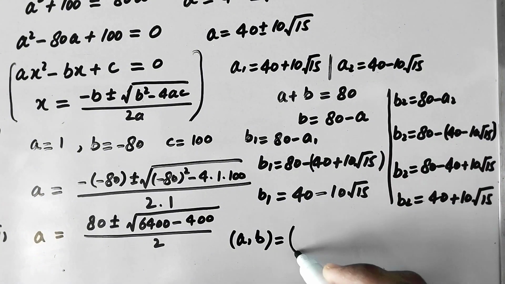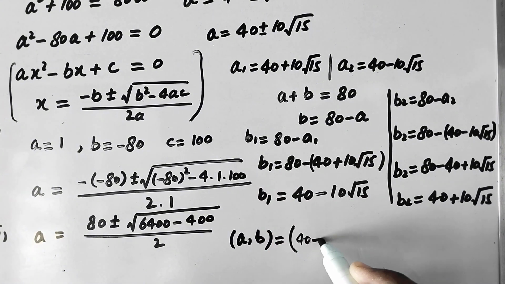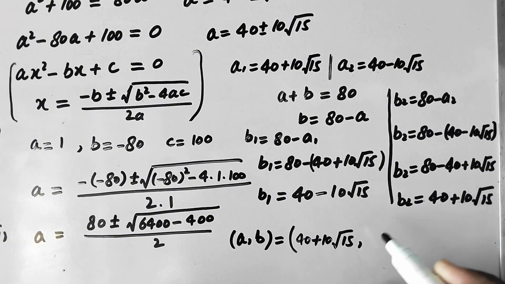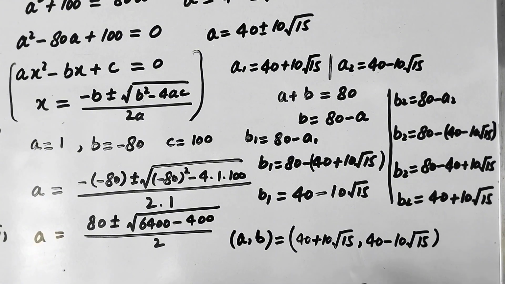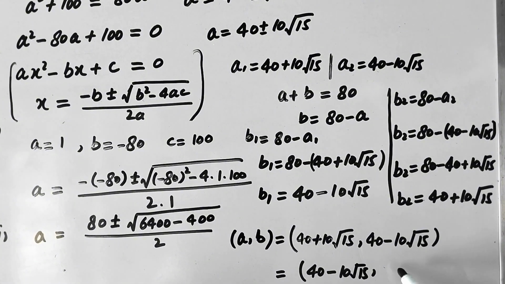So here we can write it: a1 is 40 plus 10 times square root of 15, then b1 is 40 minus 10 times square root of 15, and when a is equal to 40 minus 10 times square root of 15, b is equal to 40 plus 10 times square root of 15.